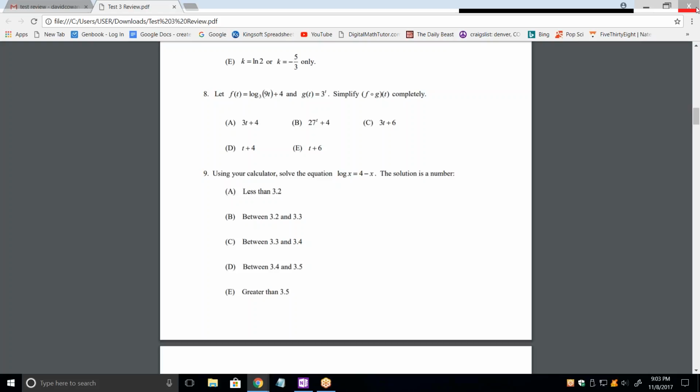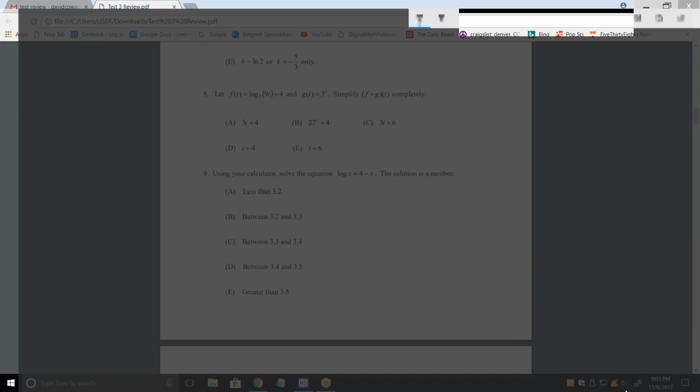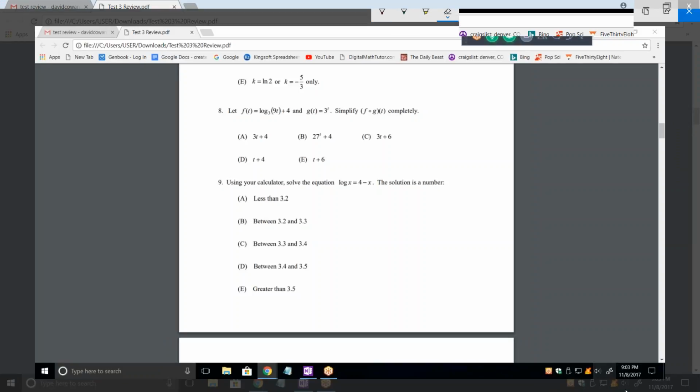And there's a couple of other nice things, just before I go, that are useful to know about logs. One of them you already know. What's the log of 1 equal to? 0.